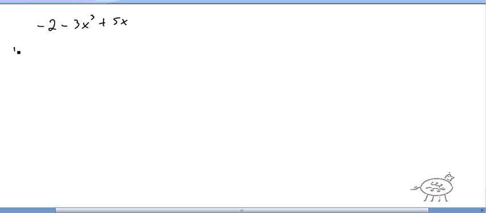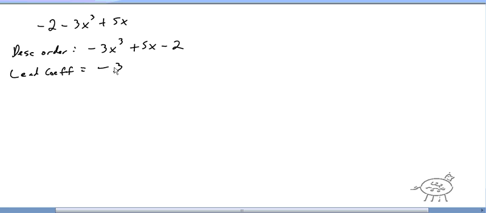So the first thing is descending order, and that's going to be negative 3x cubed plus 5x minus 2. Okay, the leading coefficient is equal to negative 3. It's pretty easy.